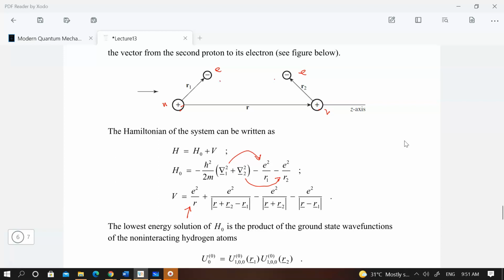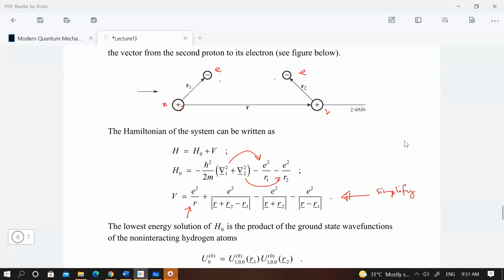Okay, so you just need to figure out in terms of the vectors given inside this figure. So you get this extra perturbation potential, for which one has to figure out how to simplify this.